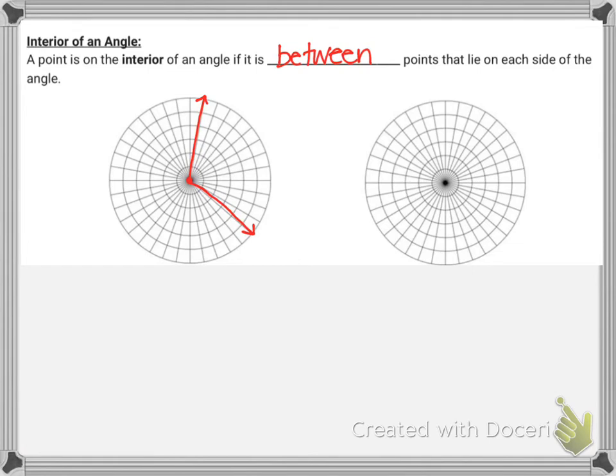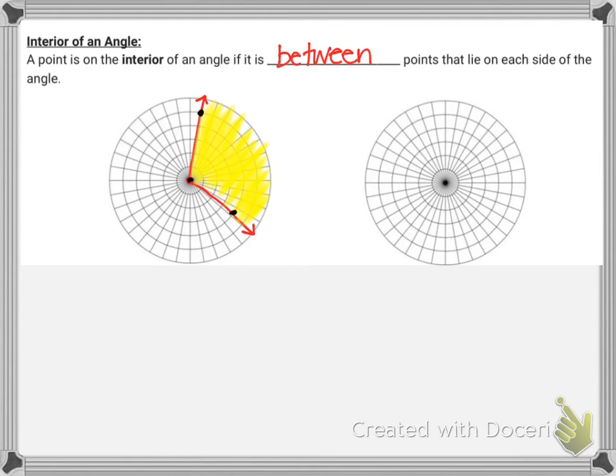Mine looks like an obtuse angle, right? It looks like it's more than 90 degrees. And the interior of the angle would be all of this, anywhere between the two sides of the angle. So let's just practice our terminology. I'm going to put some points on this angle. I'll put a point here, the vertex, and here.